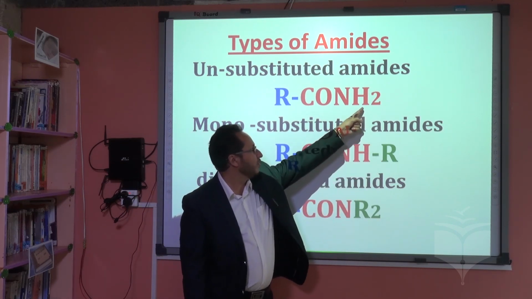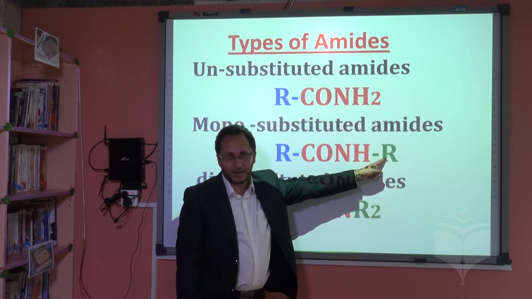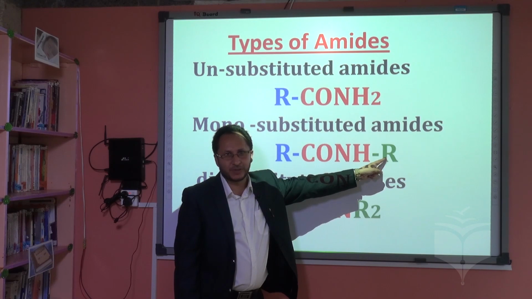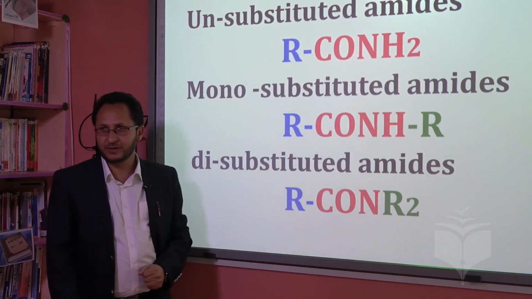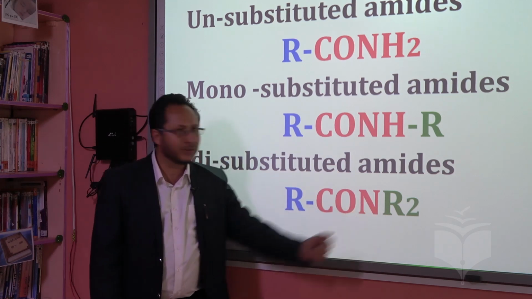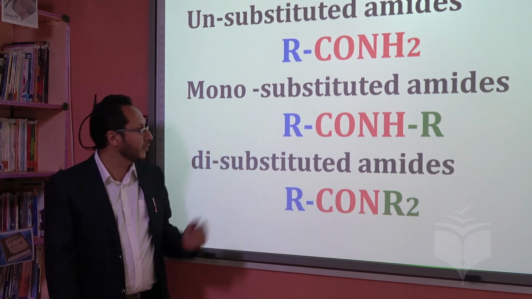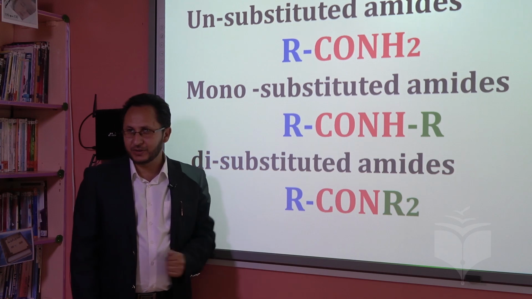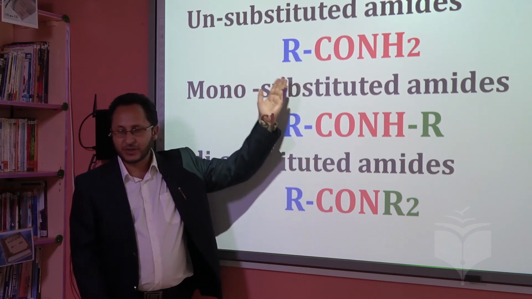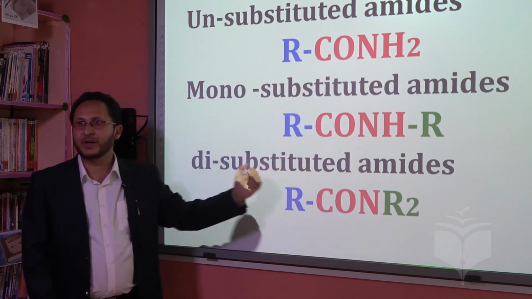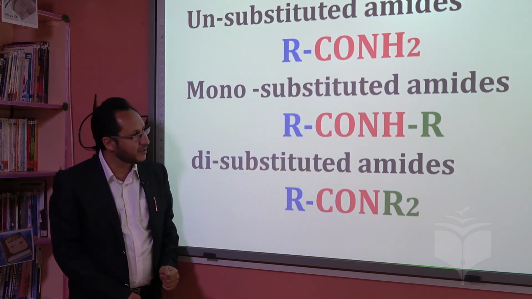If you replace one hydrogen atom by an alkyl or aryl group, you will get the monosubstituted amide. If you replace two hydrogen atoms by two alkyl or aryl groups, we will get disubstituted amide. So we have three classes of amides: unsubstituted amide, monosubstituted amide, and disubstituted amide.